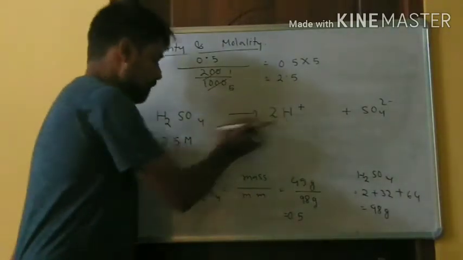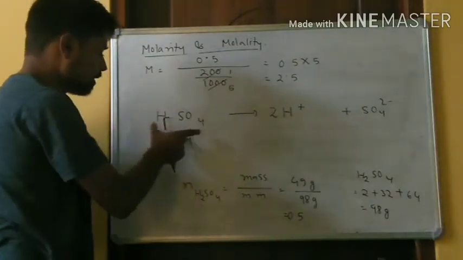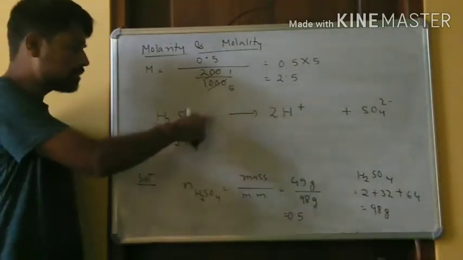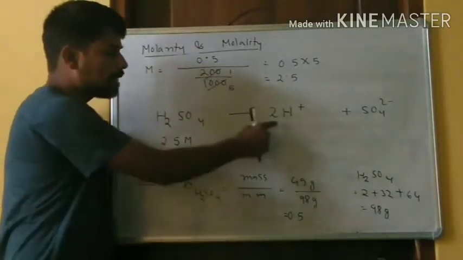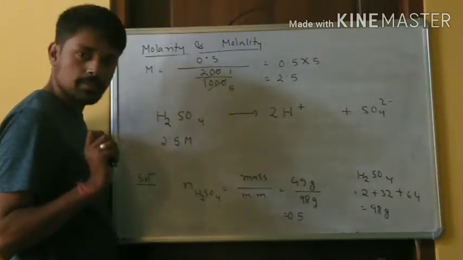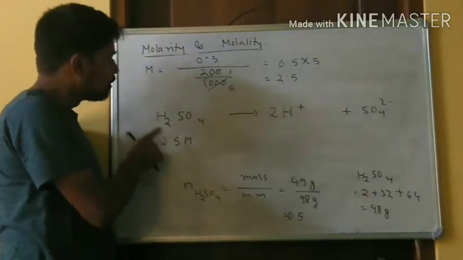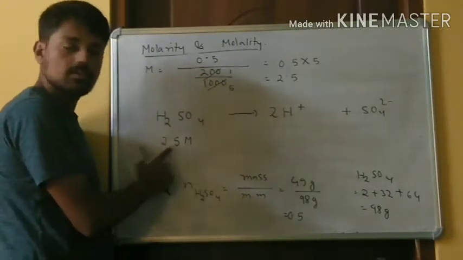Now you can see that the coefficient of H2SO4 is 1, since one molecule of H2SO4 is present, but in the case of hydrogen there are 2 H+ ions present. The molarity of one substance is 2.5.